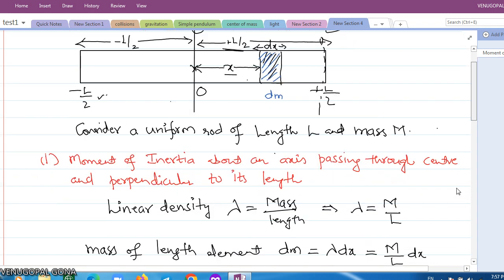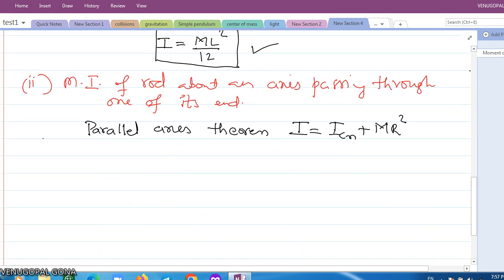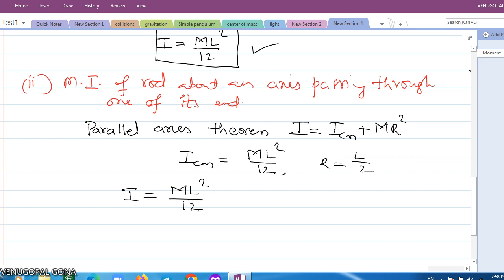Substituting, I equal to m L square by 12 plus m into R square, that is L square by 4, and upon simplification we get the value as m L square by 3.